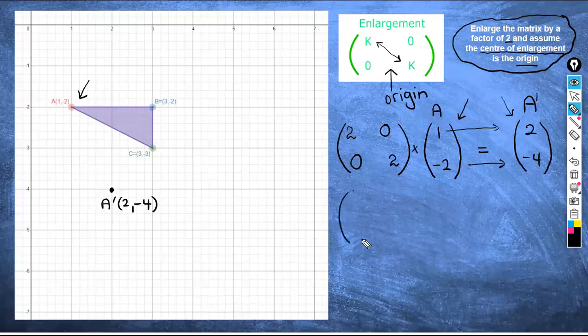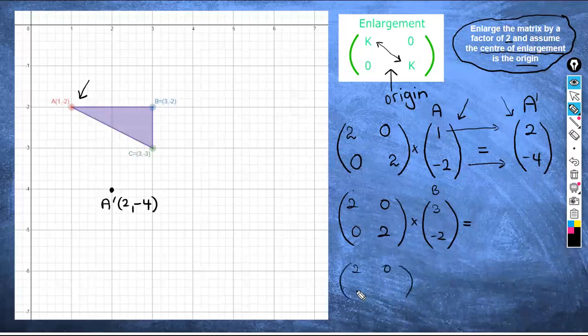So you're going to take this matrix now again and multiply it by point B. You think you all could do it for point B? Point B is what? 3 minus 2. And then you do it for what? Point C. So finish it off for me there.